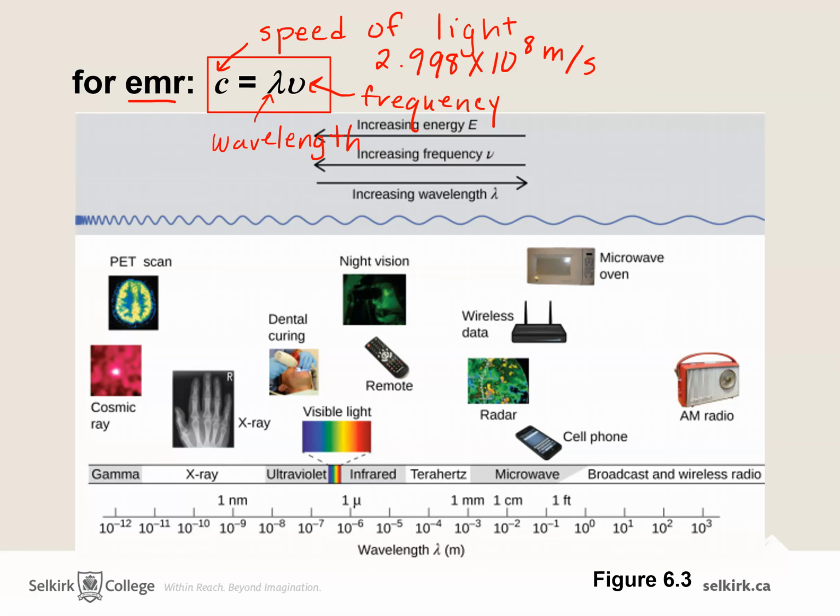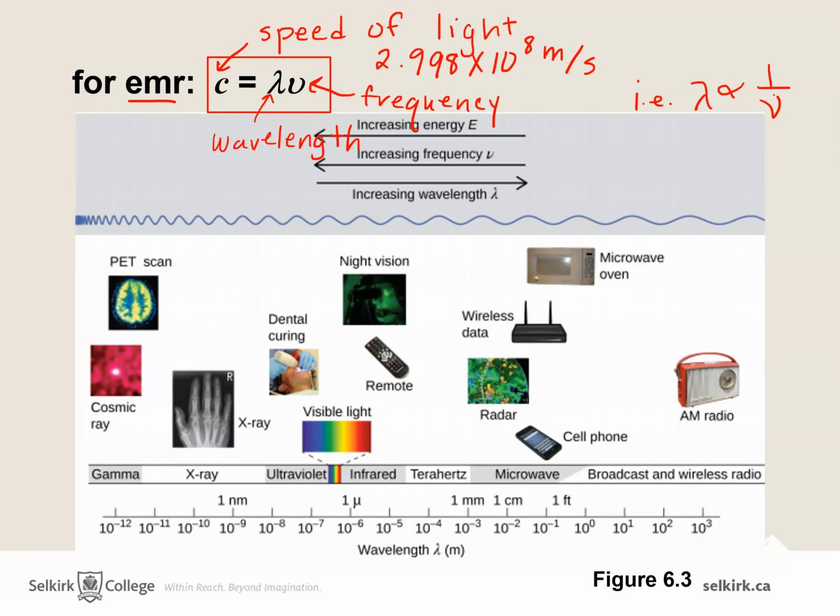We will do some calculations with that soon, but before we use an equation, I want to have a gut feeling for what that equation is telling me. What that tells me, because the speed of light is a constant, is that the wavelength and frequency are inversely proportional. That is, the wavelength is inversely proportional to the frequency.